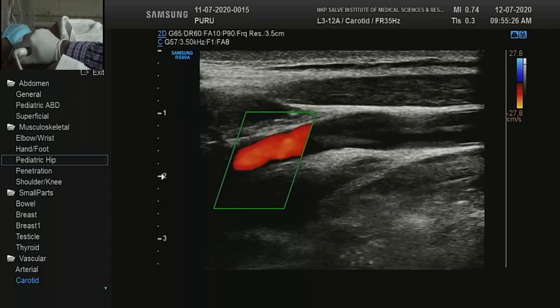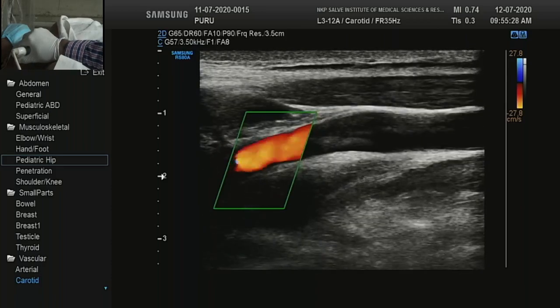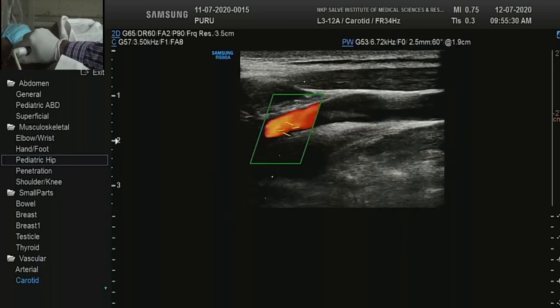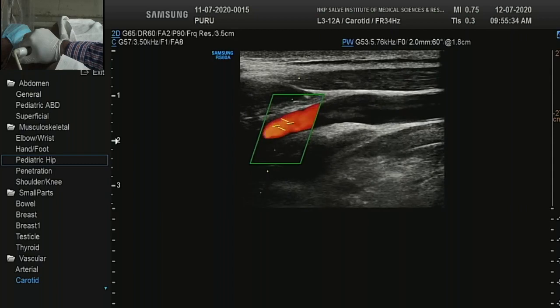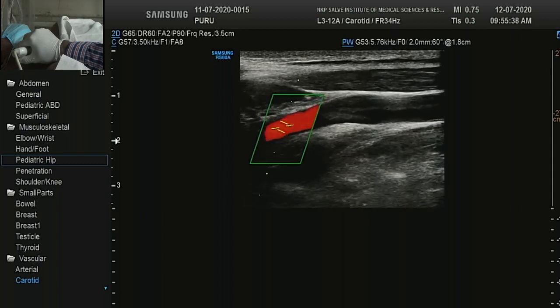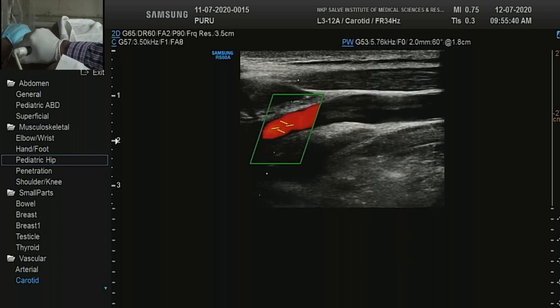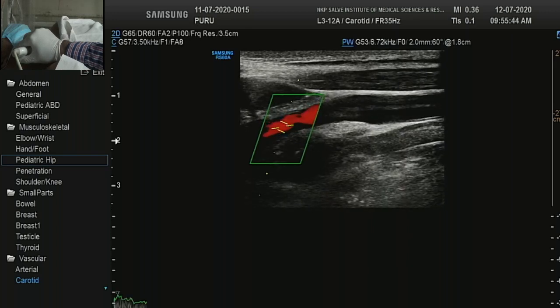We'll adjust the probe a little bit so that there is nice filling, and now we'll reduce the sample volume a little bit because the vessel diameter has reduced from 2.5. I reduce the gate to 2, and I will sample here. We'll remove auto calculation as of now.